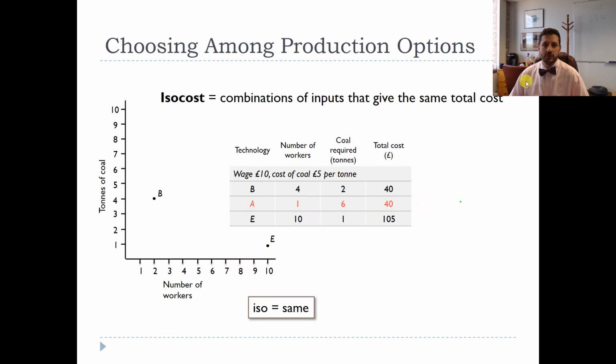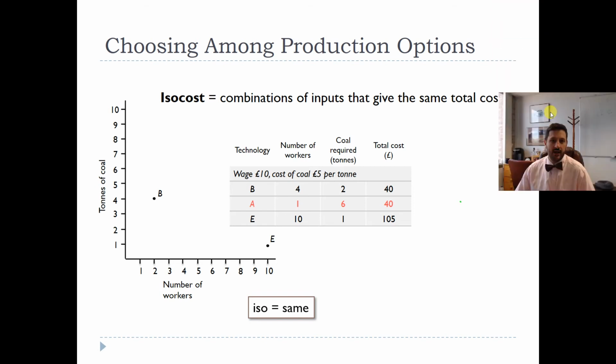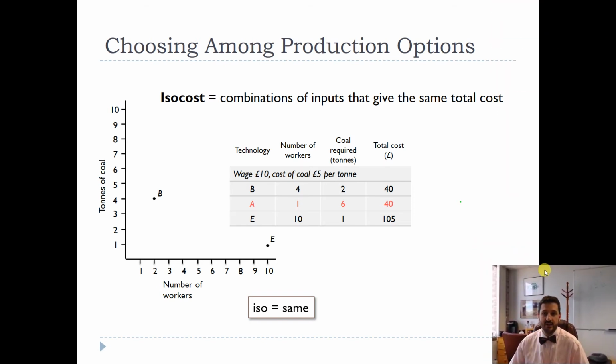All right, so let's think about another example. Let's say that coal gets a whole lot cheaper. Wages stay the same, they're still 10 pounds, but coal is now only 5 pounds per ton instead of 20 pounds per ton. So now B costs 40 plus 10, that should be 50.